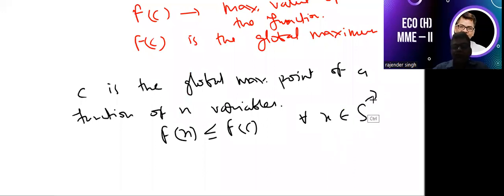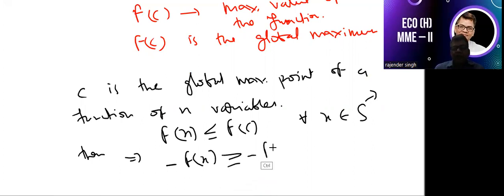That is the domain, right? Then this implies minus f of x is greater than or equal to minus f of c.